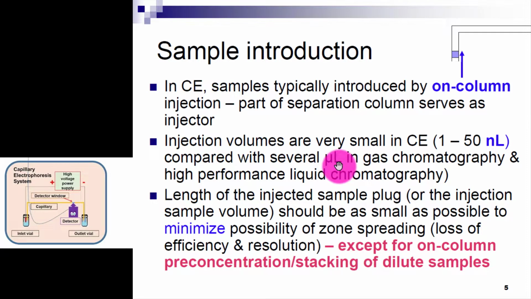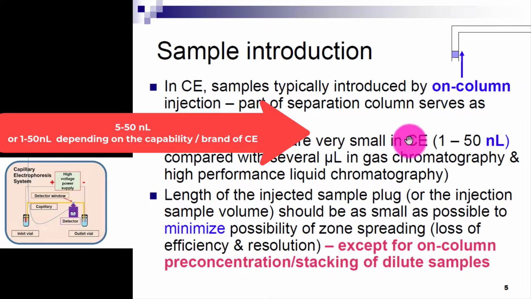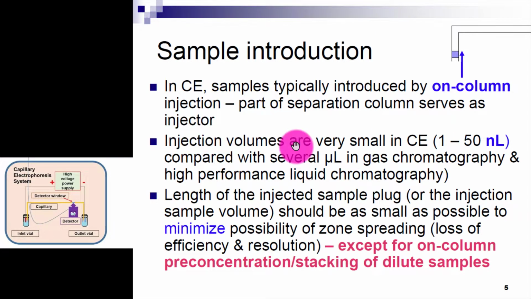For both the electrokinetic injection and the pressure injection, the volume injected is controlled by the duration of the injection. Injections of 5 to 50 nanoliter are very common, and volumes below 100 picoliter have been reported.